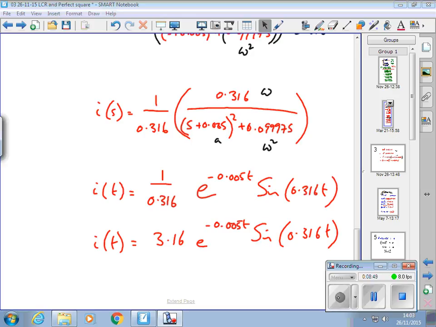If t equals 0, then that's gone. The sine of 0 is 0. Oh, in fact, yeah, if that's 0, then in fact it will all be 0, won't it? Yeah. Let's plot this and see what we get, okay, on Autograph. I'm now going to type this into Autograph and see what it looks like. I'm going to type y equals this and see what comes out, and that will be the model of our circuit.